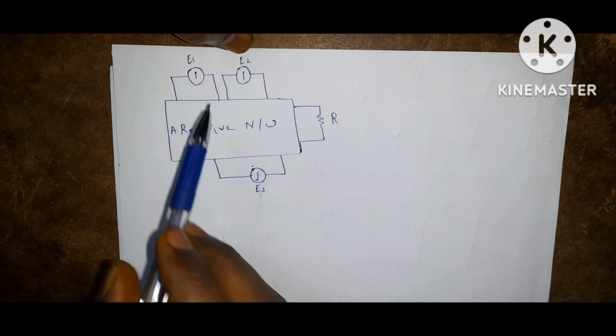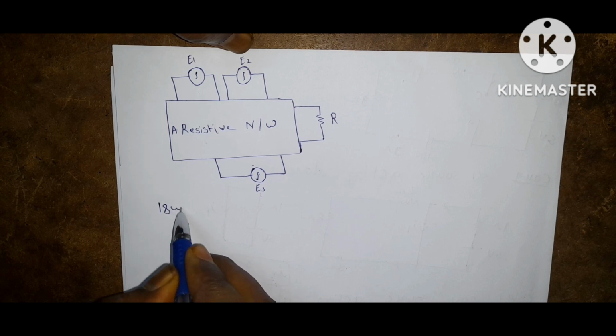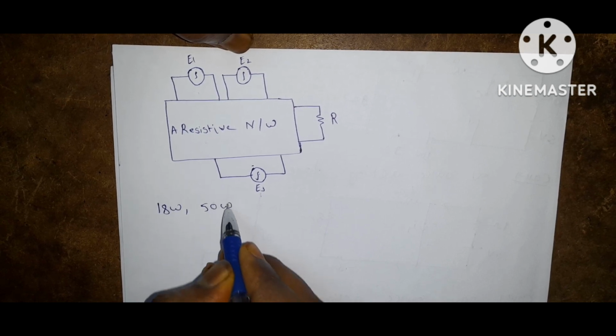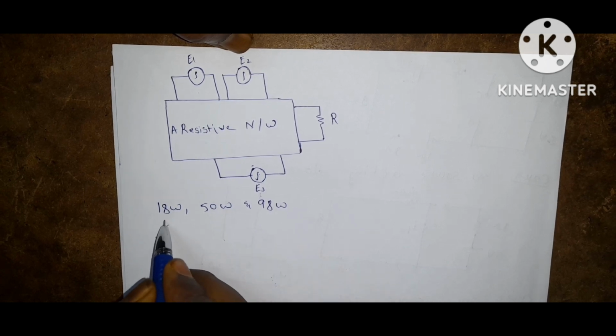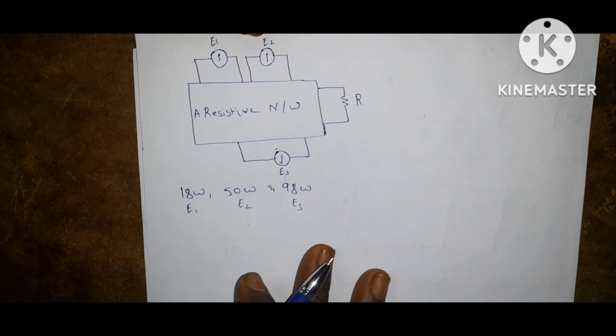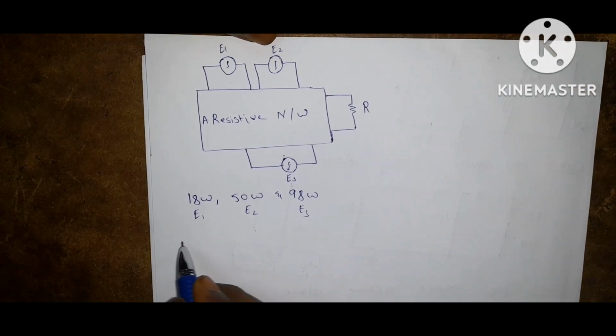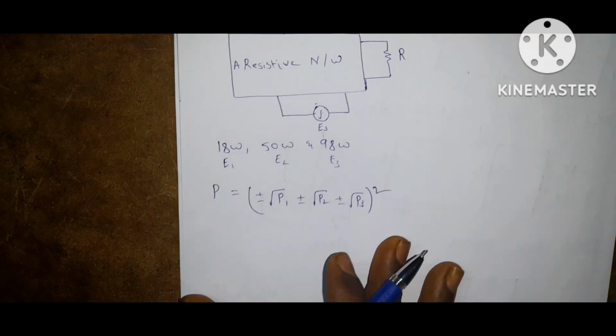This belongs to E1, this belongs to E2, this belongs to E3. So by using superposition theorem, the power is equal to plus or minus square root of P1 plus or minus square root of P2 plus or minus square root of P3 whole square.